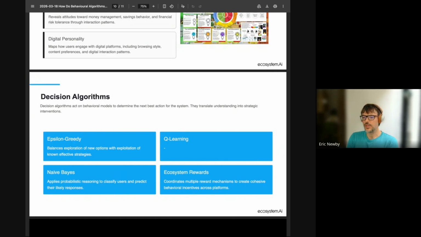So, like we said, the personality gives you insight and information about someone, but you need to do something with it for it to add some sort of value. I mean, that insight obviously has value on its own, but you need to act on that in some way. So the decision algorithms are a way of using that context to inform your actions, and also taking into account the variable nature of human interactions and behavior and adjusting based on those.